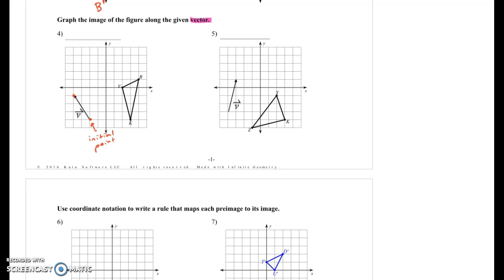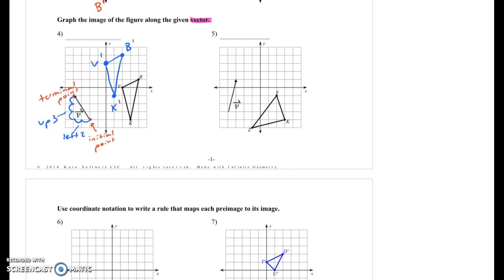And this point here where it finishes is my terminal point. So from the initial point to the terminal point, I went to the left 2, and up 3. So from each of these points on my pre-image, I'm going to go left 2 and up 3.